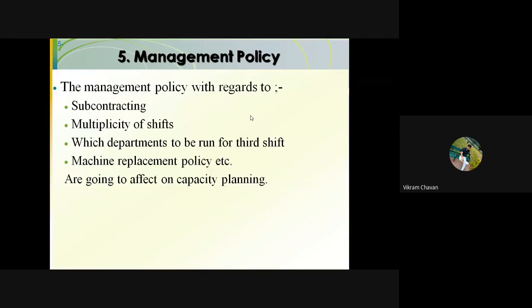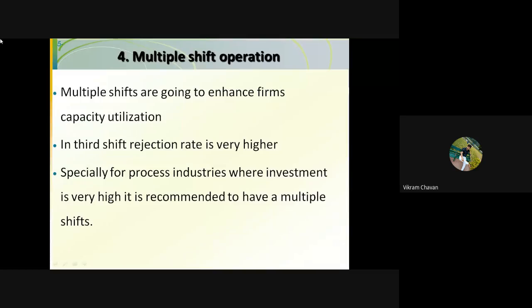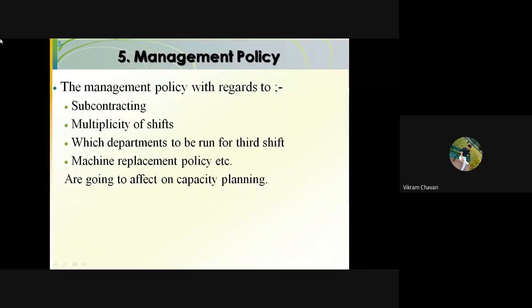Note down this management policy point. Is there any question or doubt you can ask?